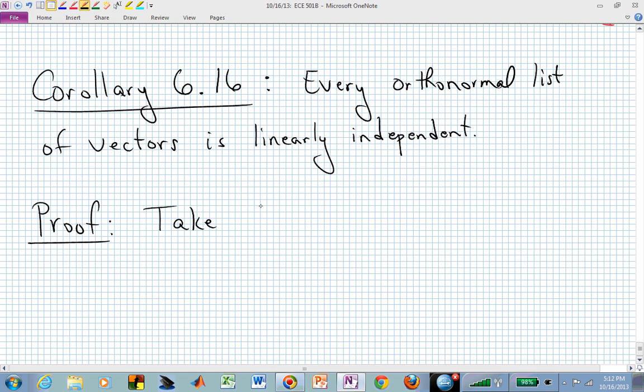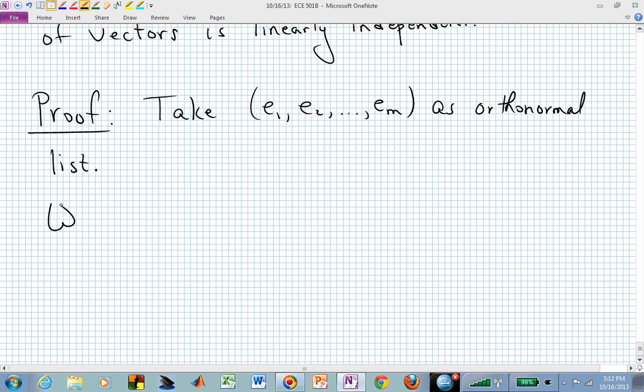We can take e1, e2, up through e sub m as an orthonormal list. Now let's write a linear combination of that, where we pick a1, a2, up through a sub m, such that we get 0.